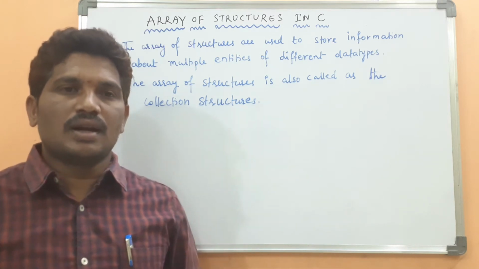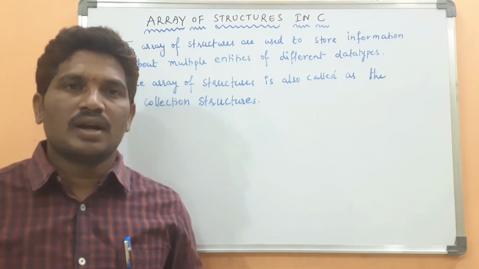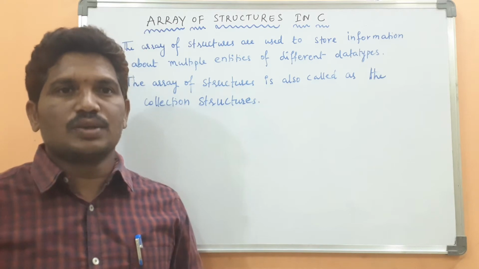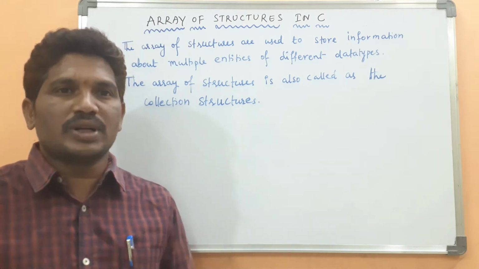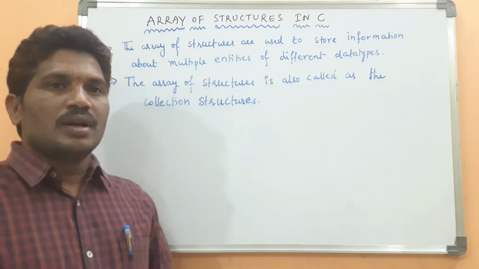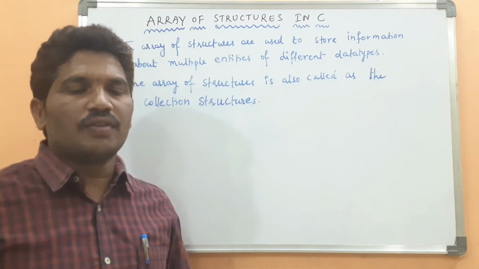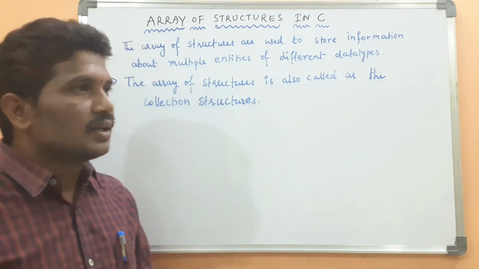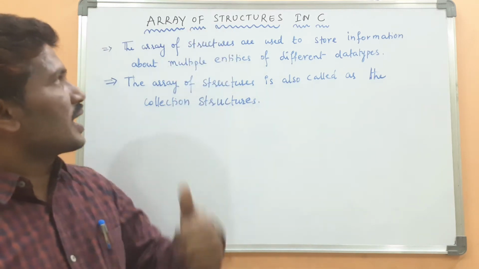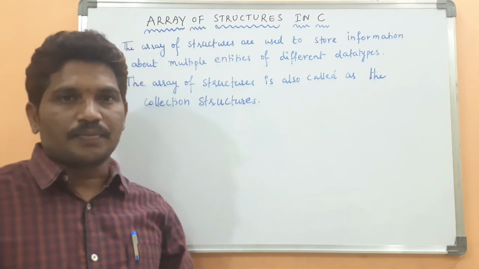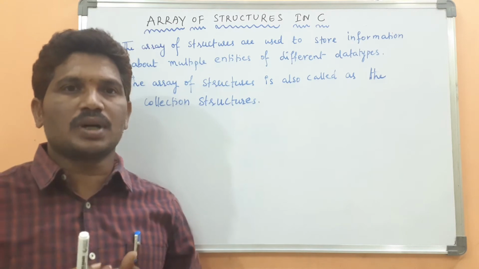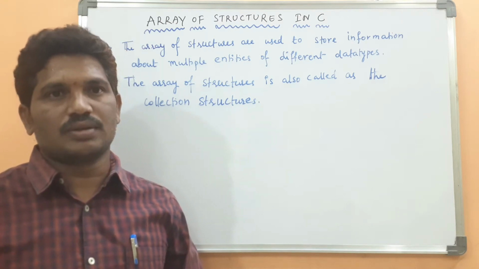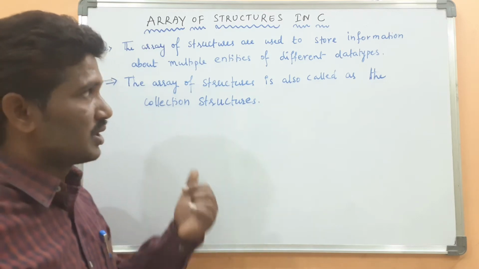In the last videos we learned the use of a structure. A structure is nothing but a collection of elements of different data types. But here, how can the array of structure be used in C? What is the importance of array of structures? Everybody must know about it.